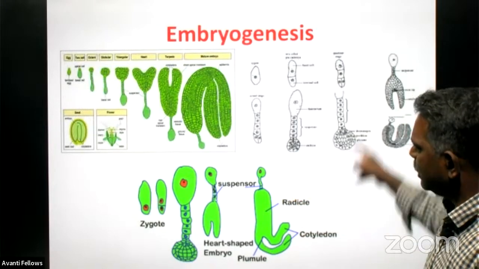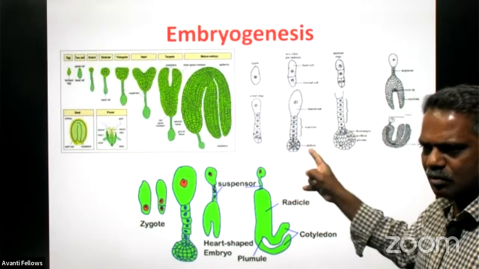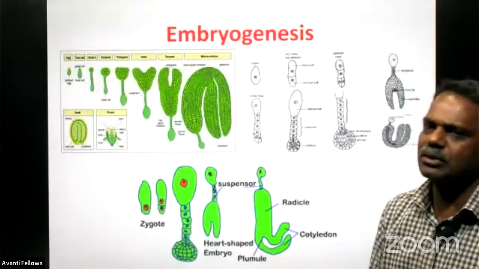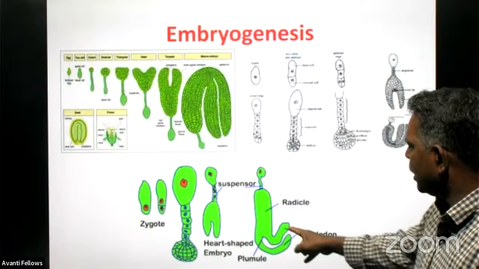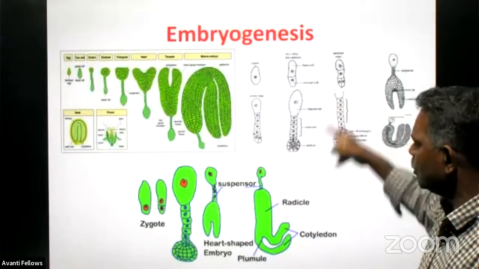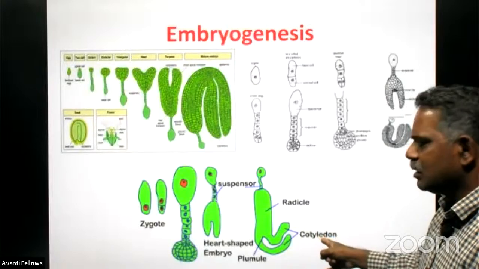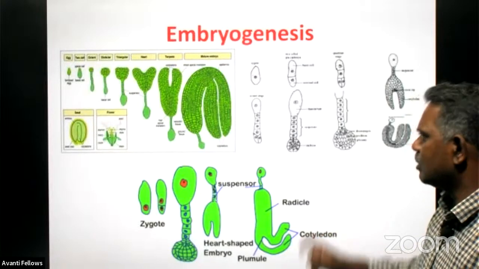The radicle later develops to become the root system of the future plant, and the plumule develops to become the shoot system of the future plant. For the development of the radicle into root and the plumule into shoot system, they use the food material stored in the cotyledon.